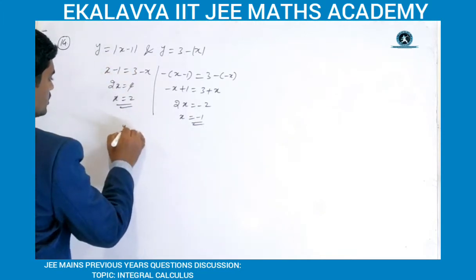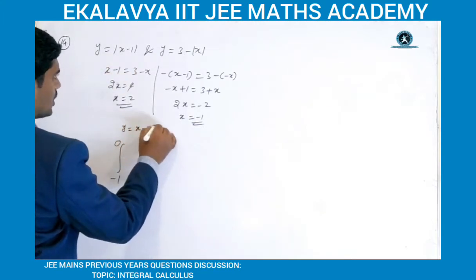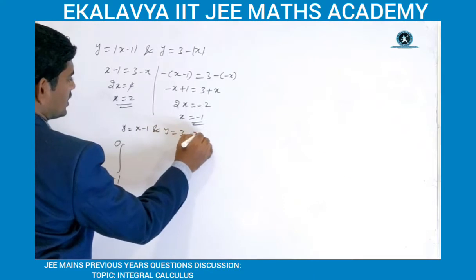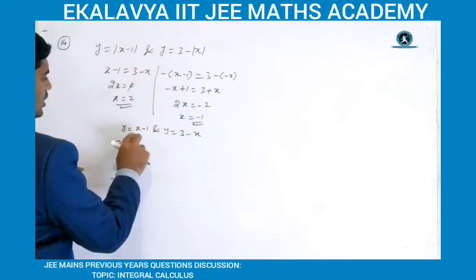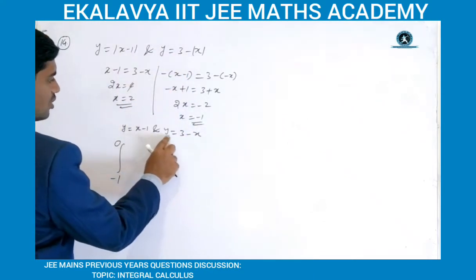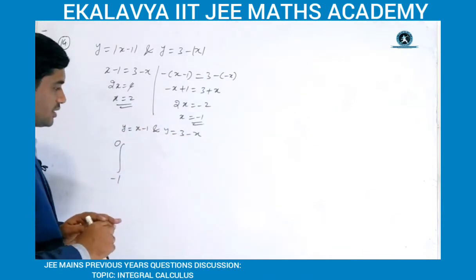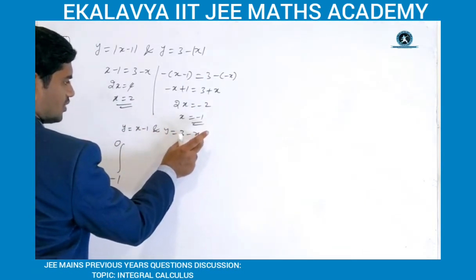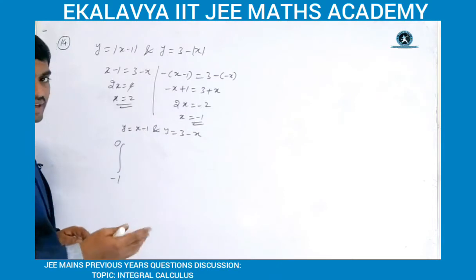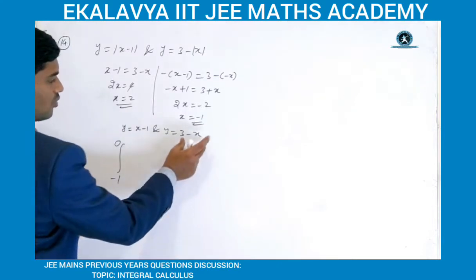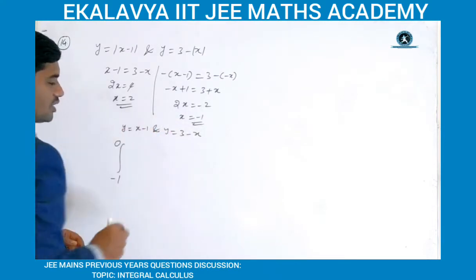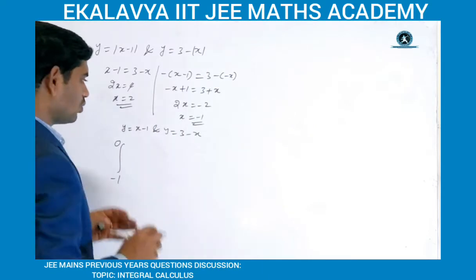Now I am taking y is equal to x minus 1 and y is equal to 3 minus x, without modulus. Sure, the upper curve is always 3 minus x, and the lower one is always x minus 1.